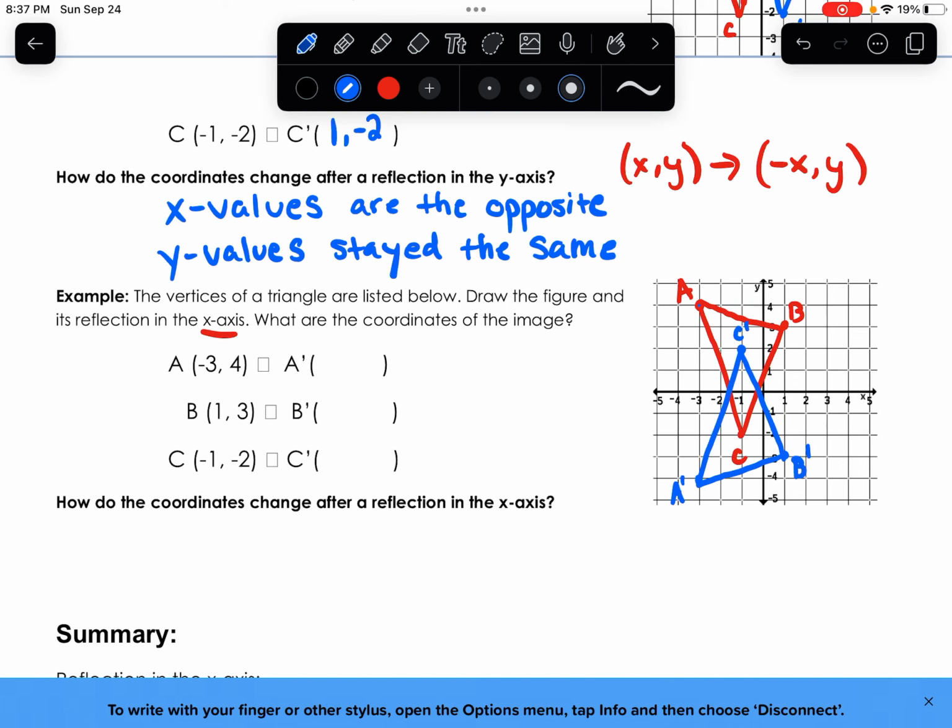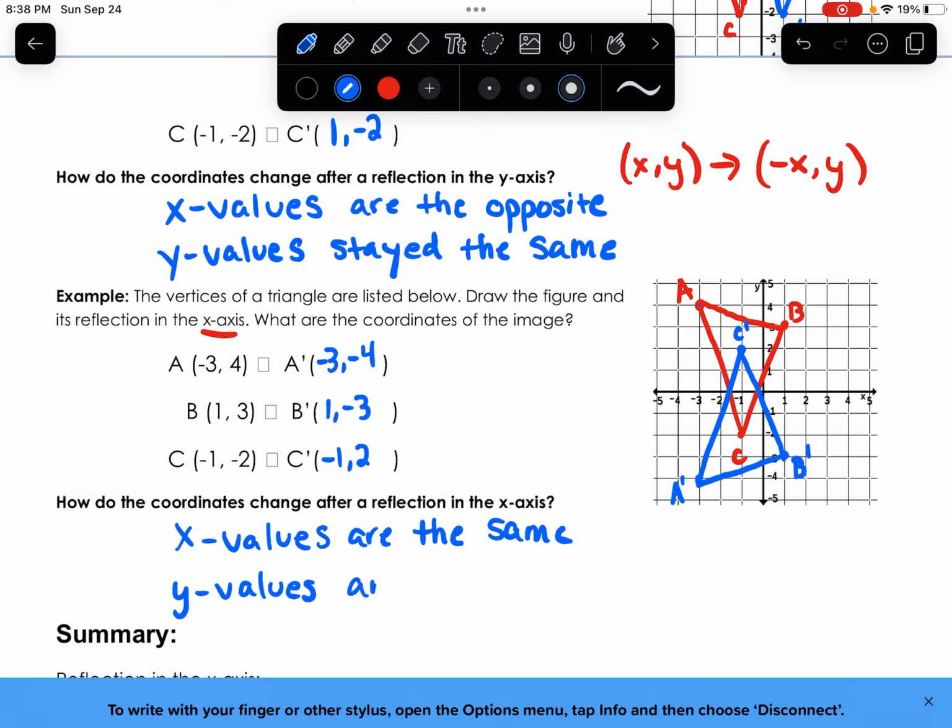So our new coordinates here are -3, -4. B is at 1, -3. And C is at -1, 2. So this time, the x value stayed the same. And the y values are the opposite.